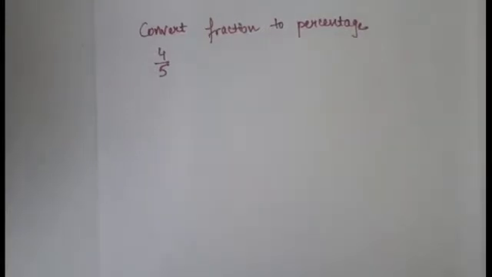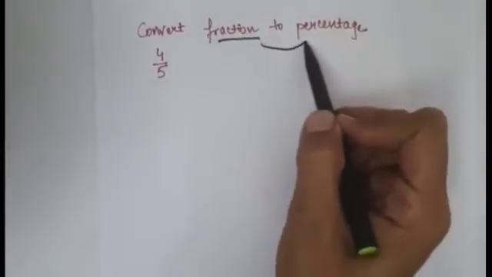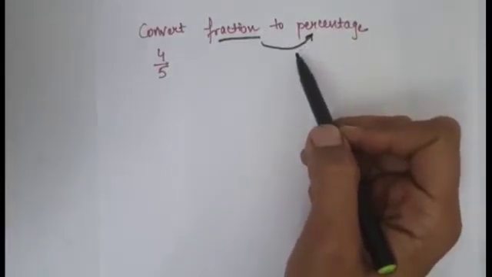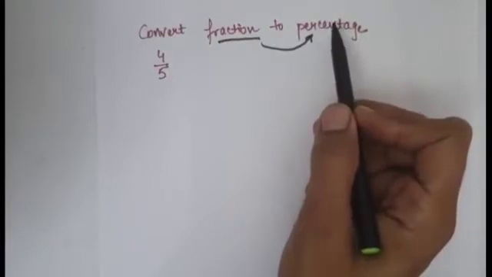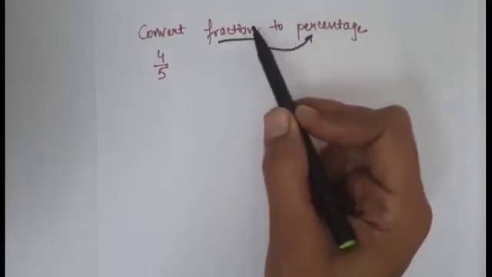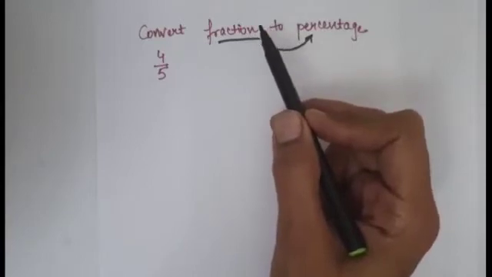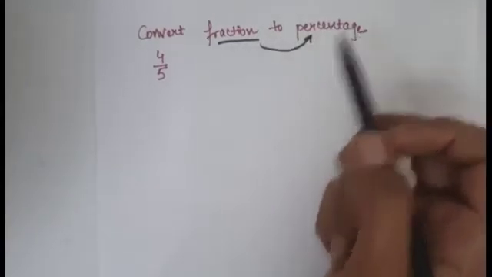Now let us discuss how can we convert fraction to percentage. We have discussed now how can we convert percentage to fraction. Now we are doing how can we convert fraction to percentage.